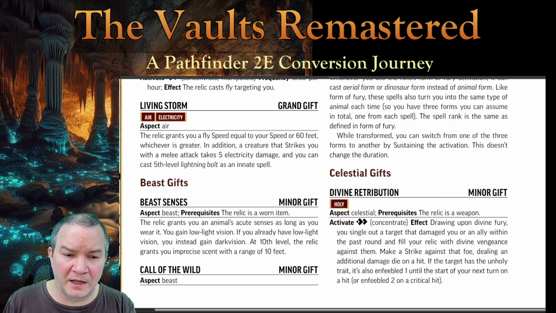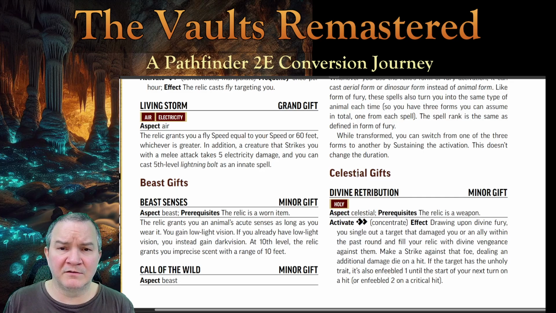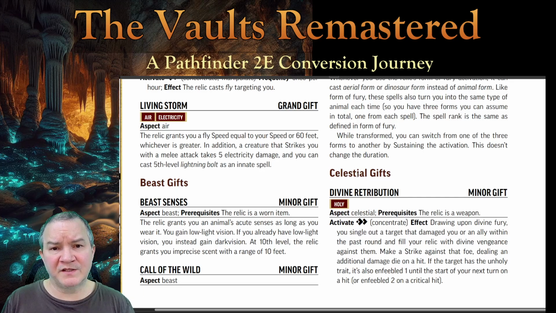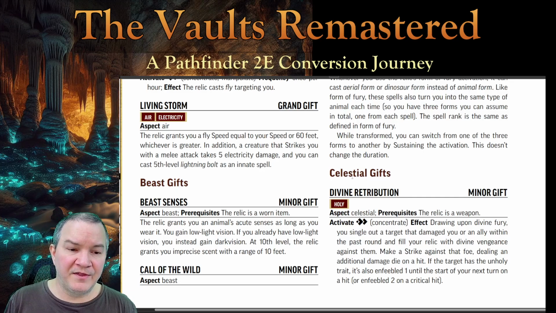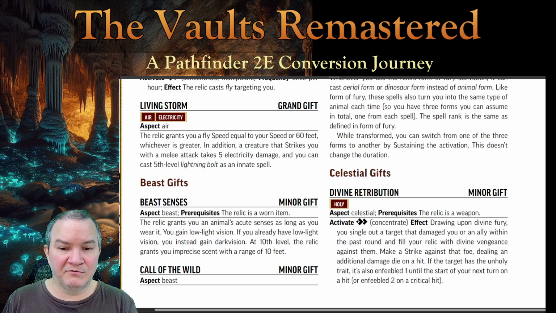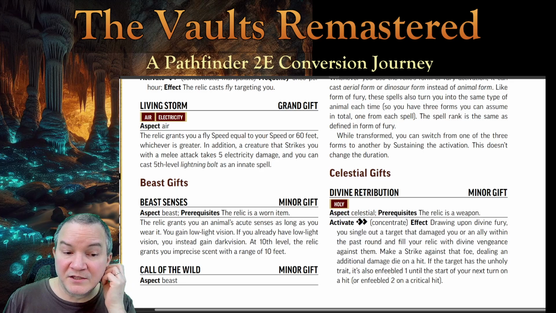So if you have a relic that has the celestial aspect to it, so in my game terms, that would be the previous character had some sort of holiness to them, maybe some sort of religious tie-in, something like that, that imbued their relic from the old game with some celestial energy. Then celestial gifts would be the things that the new player could apply to this relic as they grow in power. So example, divine retribution.